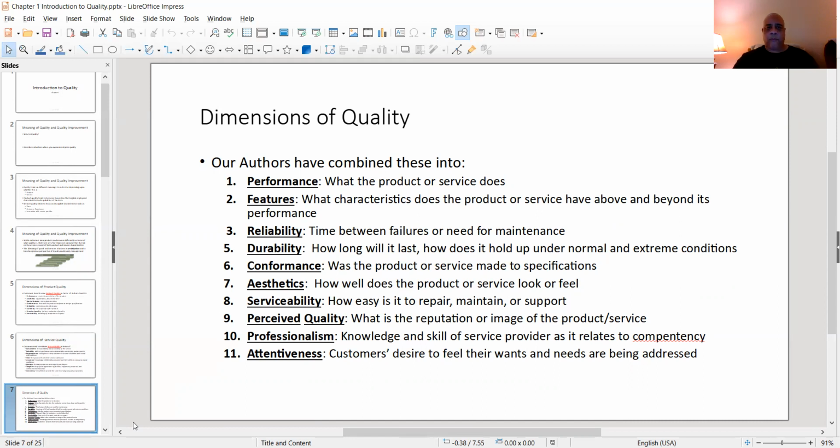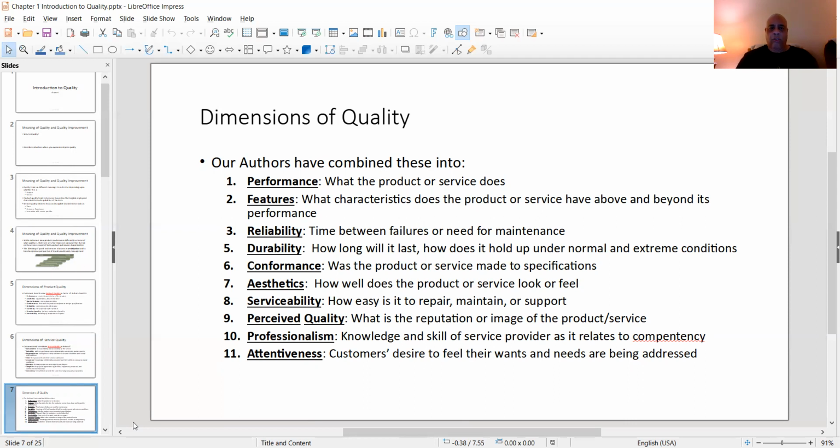Now, when we talk about performance, it's what the product or service does. The features, what characteristics does the product or service have above and beyond its performance? Reliability, time between failures or need for maintenance. Durability, how long will it last? How does it hold up under normal and extreme conditions?